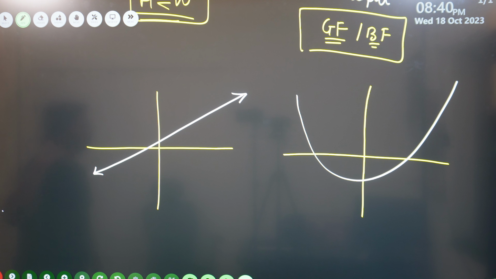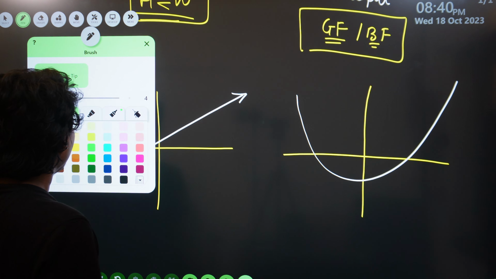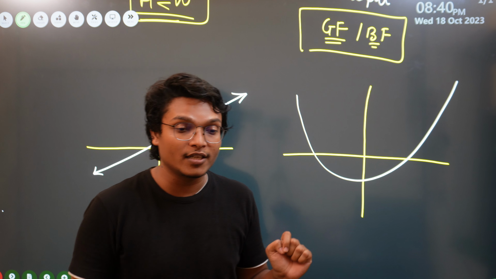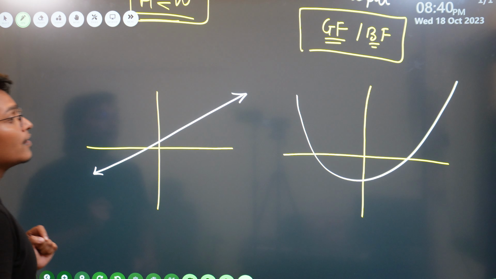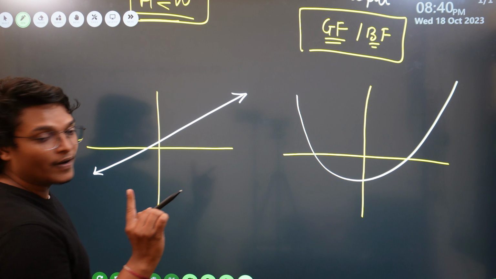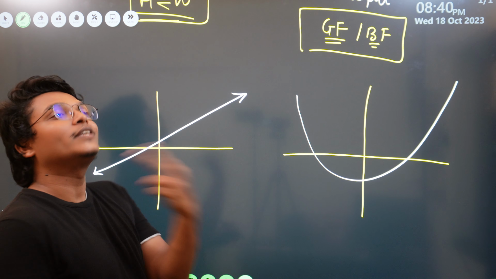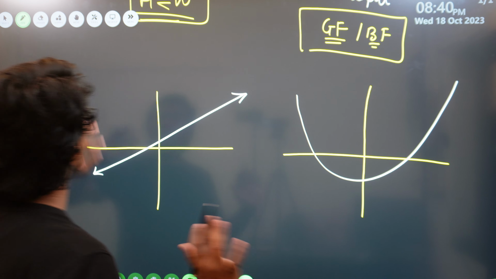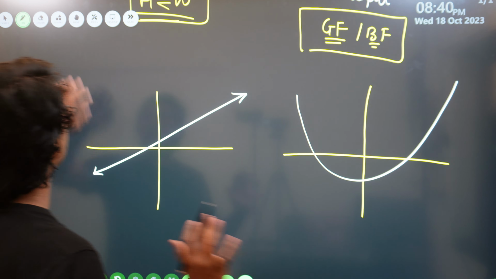Now see, how to identify whether a function is one-to-one or many-to-one? We have to perform two tests. First, let's write down the tests to identify functions.